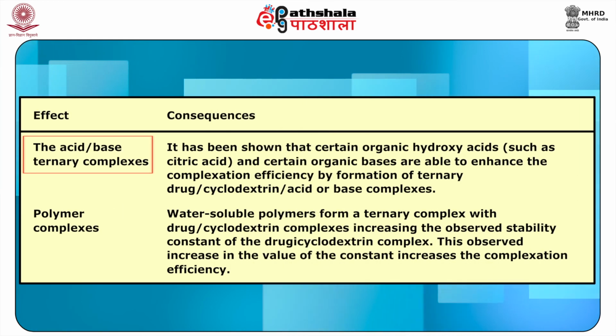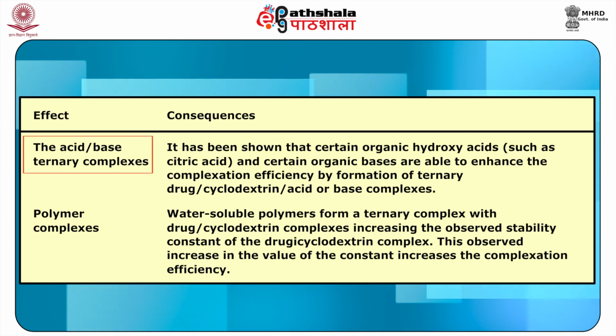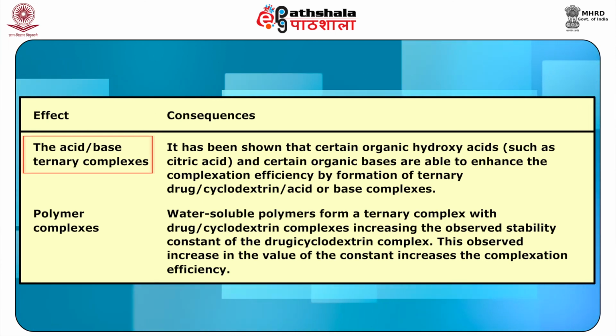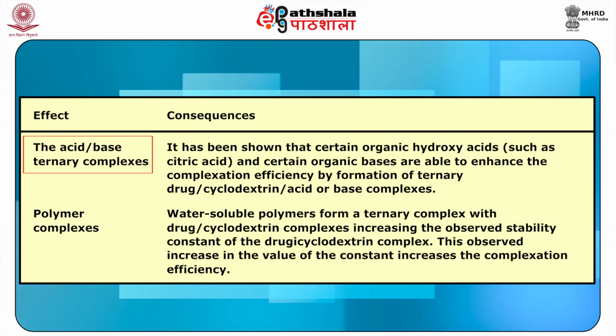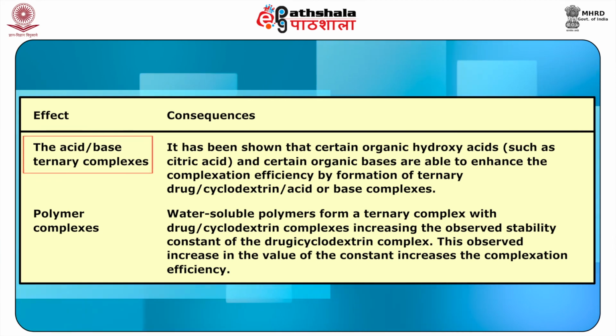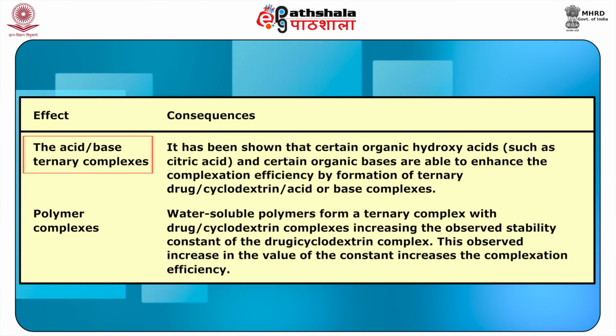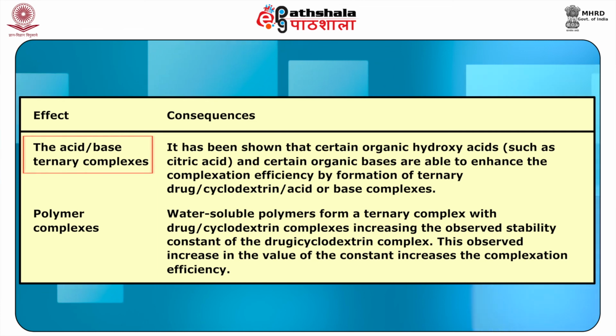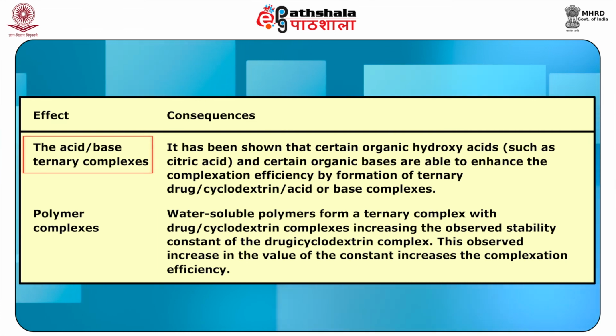Yet another method is the acid-base ternary complexes. It has been shown that certain organic hydroxy acids such as citric acid and certain organic bases are able to enhance the complexation efficiency by formation of ternary drug cyclodextrin acid or base complexes.